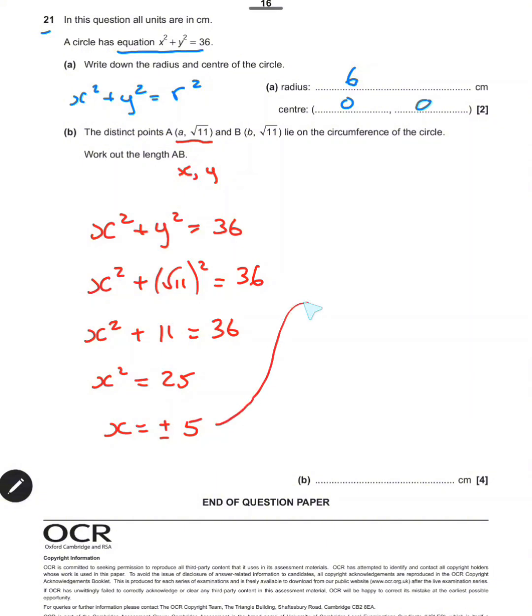So what I've got here by working this out is not only the a, but the b. If I draw that circle, I could go across to 5 and up to root 11, or across to minus 5 and up to root 11, and they would both be points on that circle.